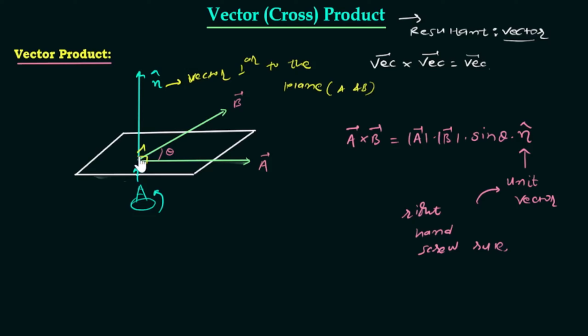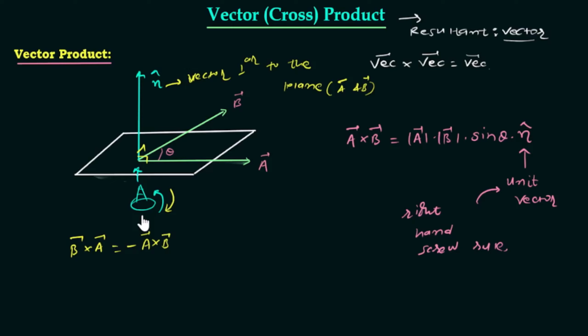You can also say that the direction of n cap is perpendicular to the plane containing vectors A and B. Now if we take B cross A, our screw will be rotated in this particular direction, so the direction of this n cap will be inverted, so there is a sign of negative.